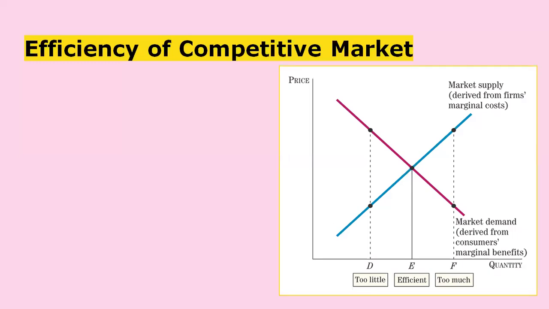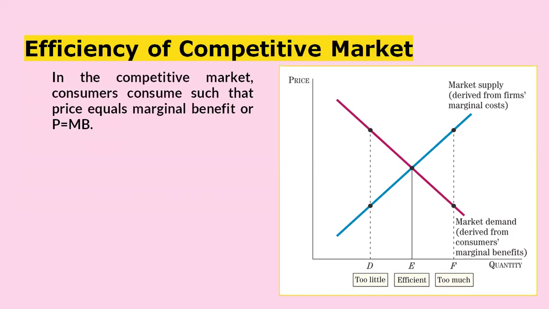Efficiency of competitive market. In the competitive market, consumers consume such that price equals marginal benefit, or P equal to MB.